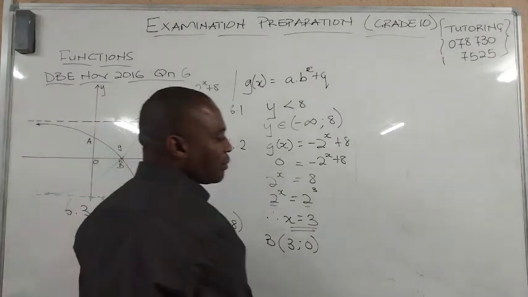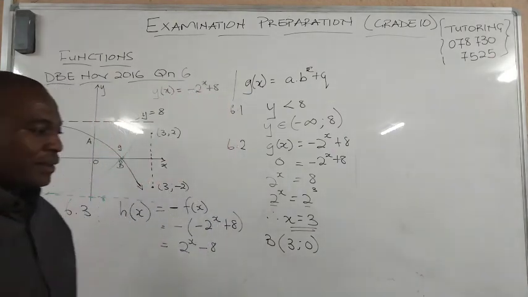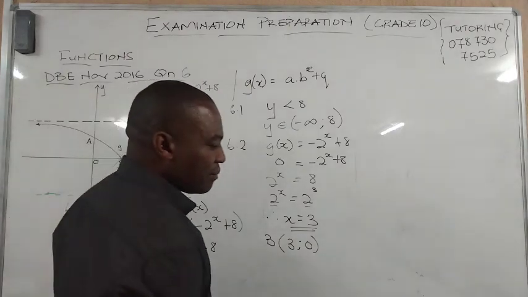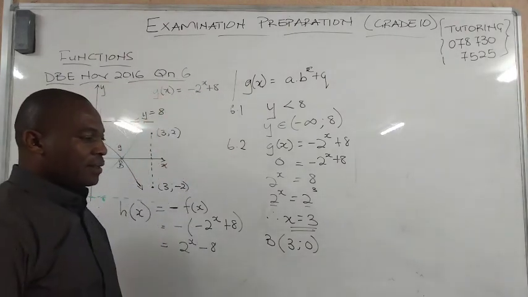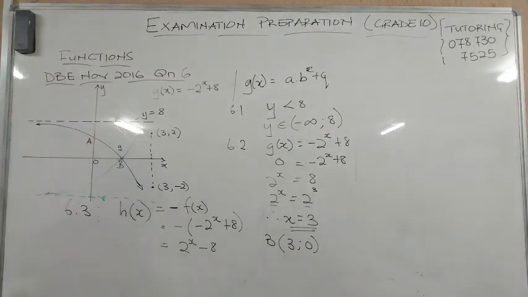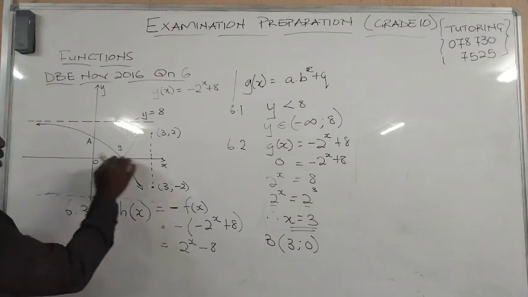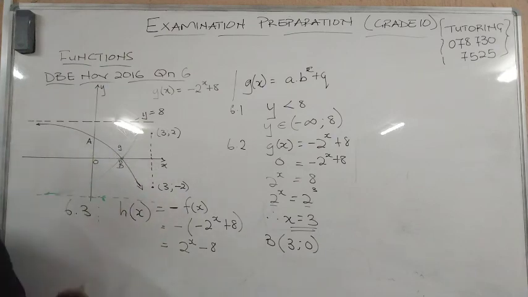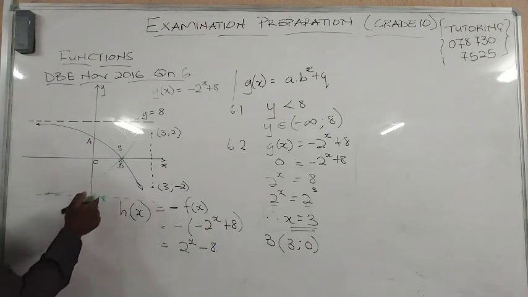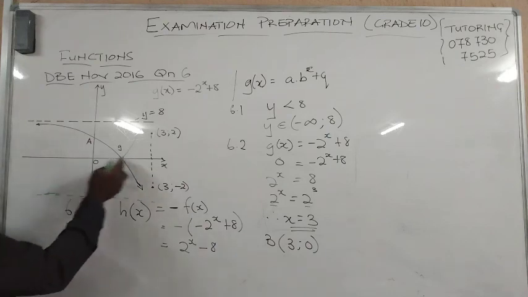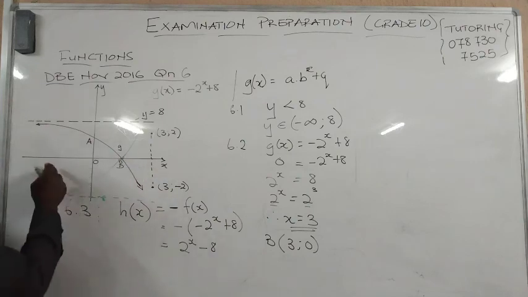And then the last question, explain why the x-intercepts of g and h are both at b. It is because this is the mirror, and here at b, y is equal to 0. And they share the same intercept, y equal to 0.